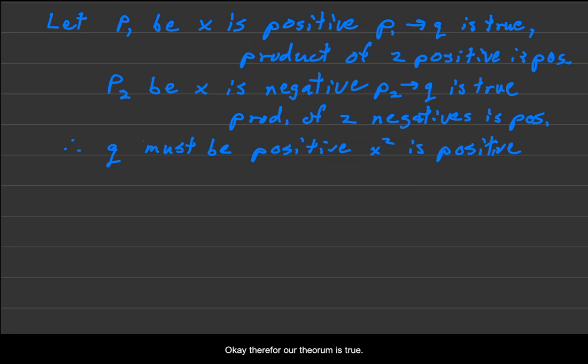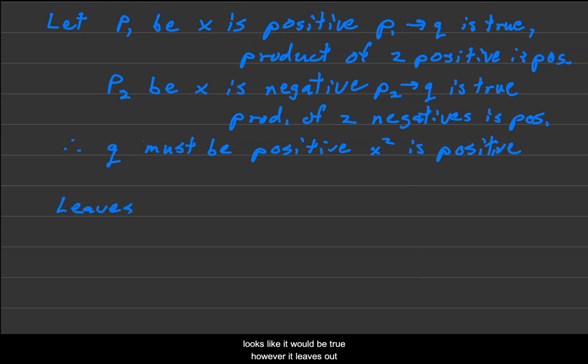Okay, therefore our theorem is true. So in this case, you went through the different possible cases, and each of the possible cases you examined was true. You conclude that our assumption must be true. And this is one of the common errors. This looks like it would be true.